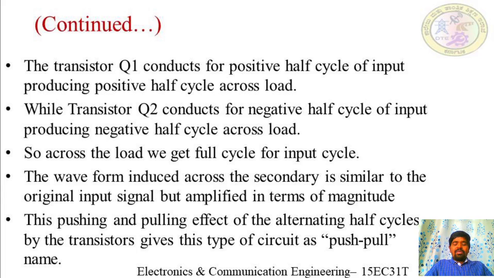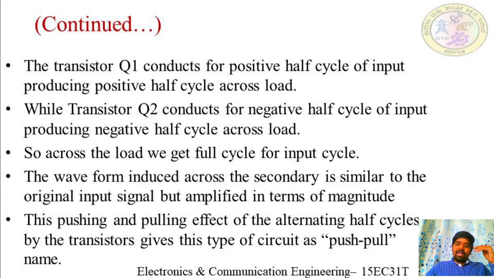The waveform induced across the secondary is similar to the original input signal, but it is amplified. So the input signal will be amplified. But the important point here is, even though we are using a class B amplifier, the conduction angle is only 180 degree.